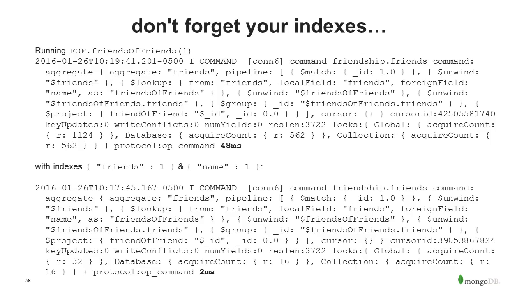I add an index on friends and name, and I get down to 2 milliseconds. So big difference, and within these there are a lot of other statements in the log, but without the indexes you see tons of collection scans, and with the indexes you see IX scan. So indexes definitely matter.